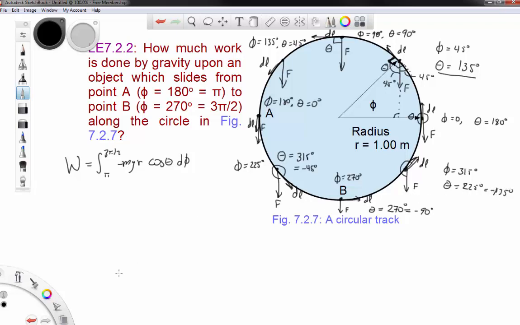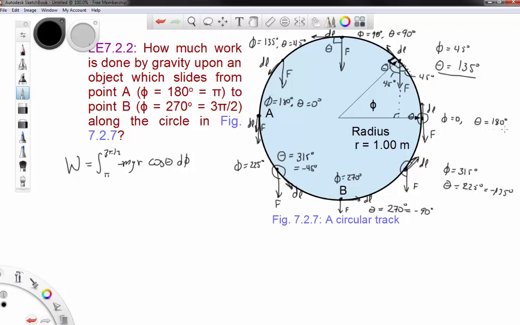Okay, now the reason why I put these negatives in here is because if you go around the circle, a pattern emerges. Theta in this case is equal to what with respect to phi? Well, if you take 180 degrees and you subtract phi, you end up getting theta every time.